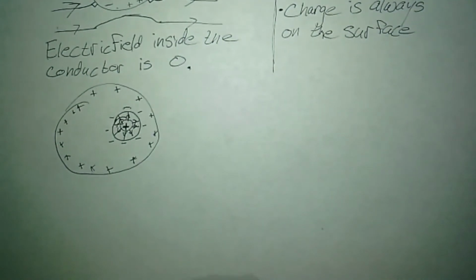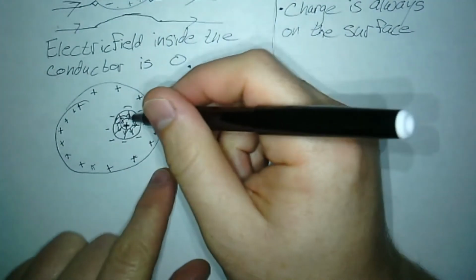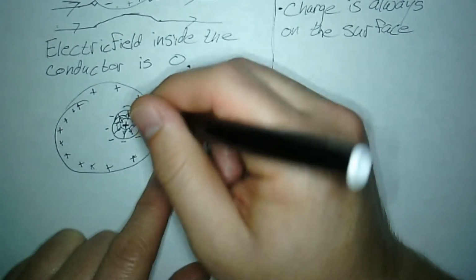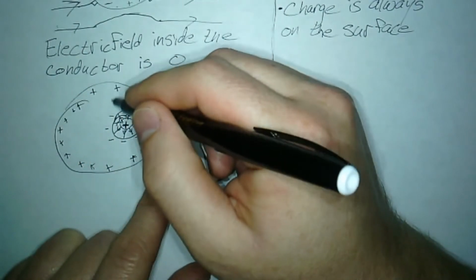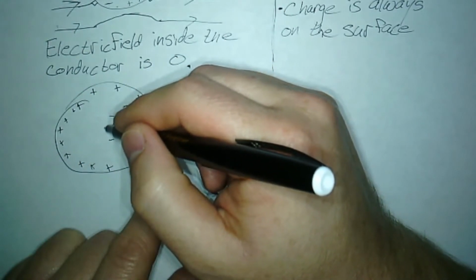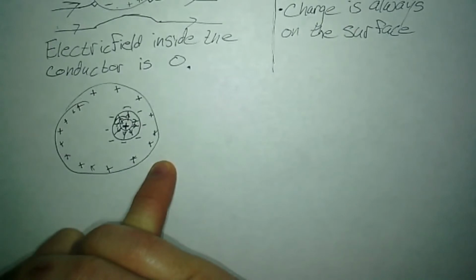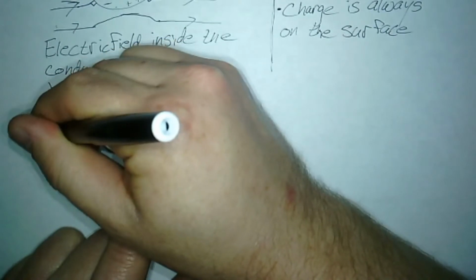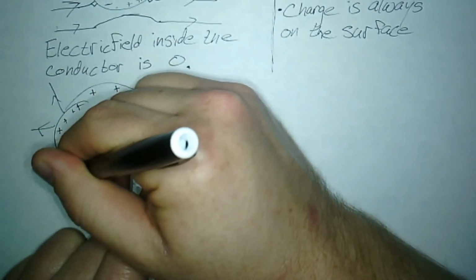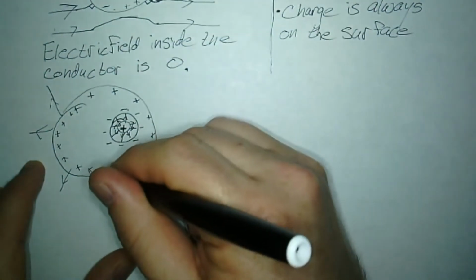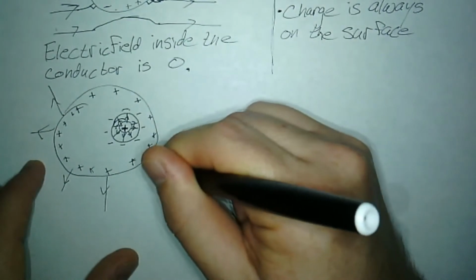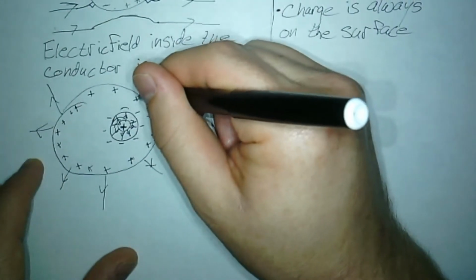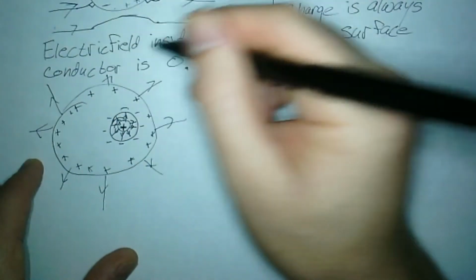Okay, but what does the electric field look like outside? Will it be distorted so that it looks like it's centered on the charge, or will it be shaped so it looks like it's centered on the center? Well, for the sphere, the electric field is going to be shaped just like it would for any other sphere with the charge in the center. I'm drawing this terribly. You guys know what it's supposed to look like.